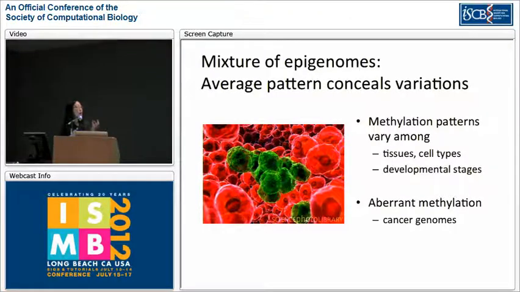Sometimes the sample may consist of a mixture of epigenomes. How so? Because the methylation patterns may vary among different tissues, different cell types, or cell types of different developmental stages. In addition, more and more evidence has shown that aberrant methylation is a generic feature of cancer genomes.